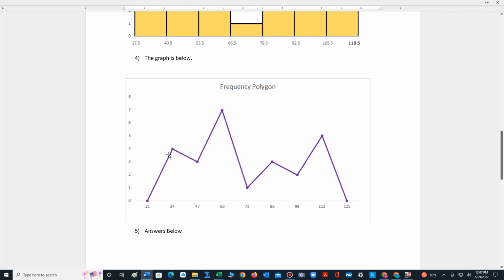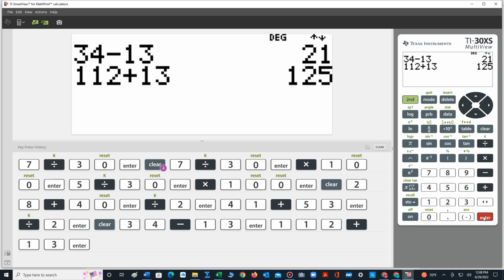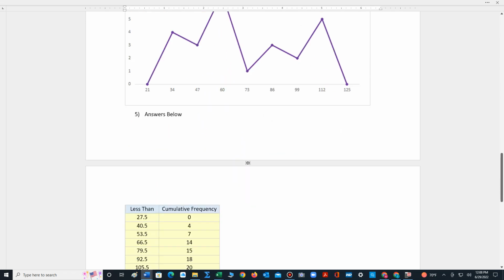We anchor this first point to the x-axis at 21, and similarly on the right side, we add 13 to 112 to get 125, and then anchor this last point to 125. That is the frequency polygon.